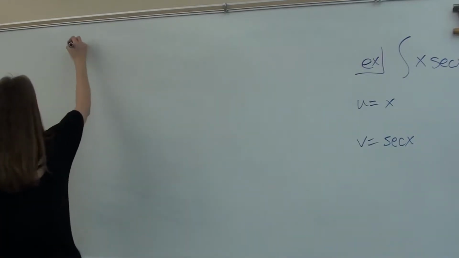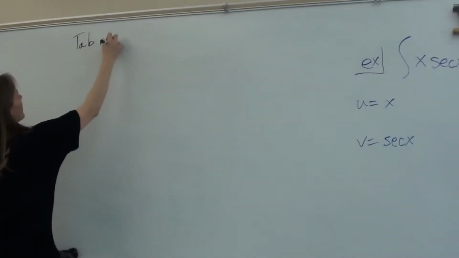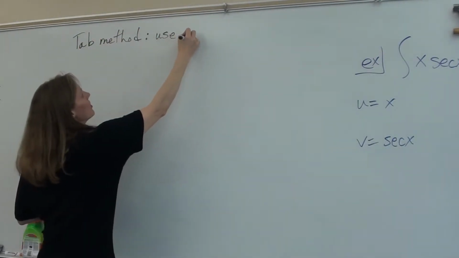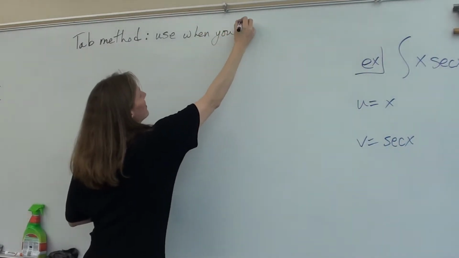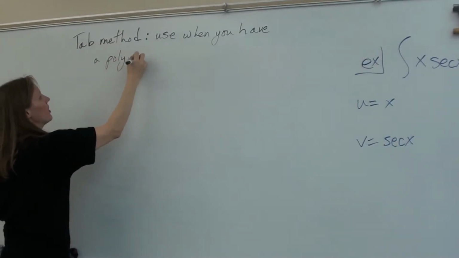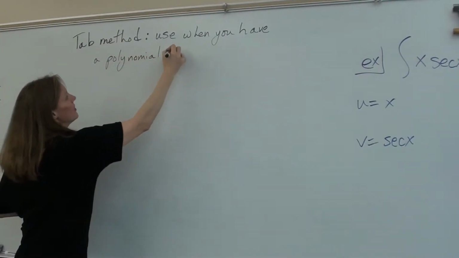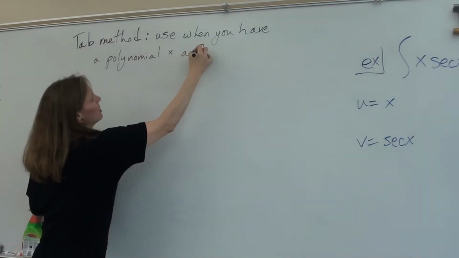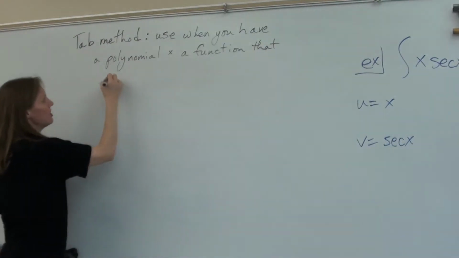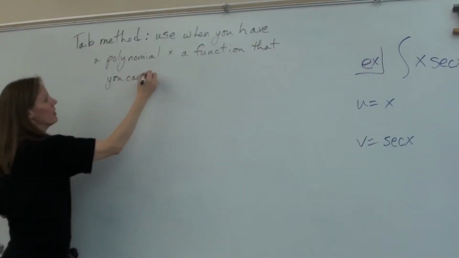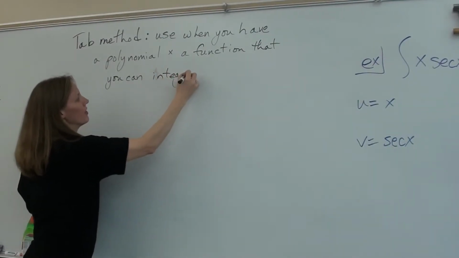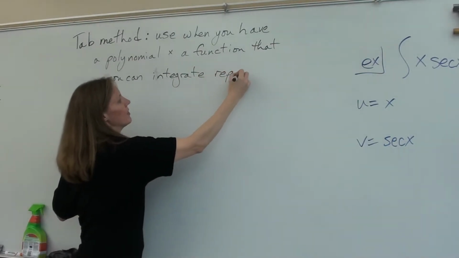Now here's the thing. The only time you can use the tab method is when you have a polynomial times a function that you can integrate repeatedly.